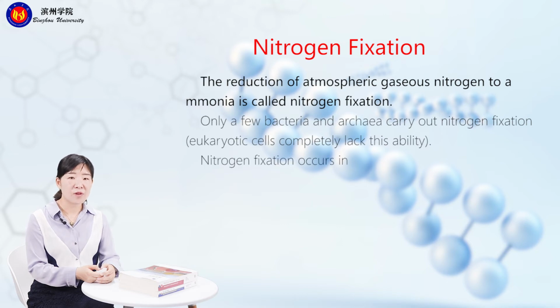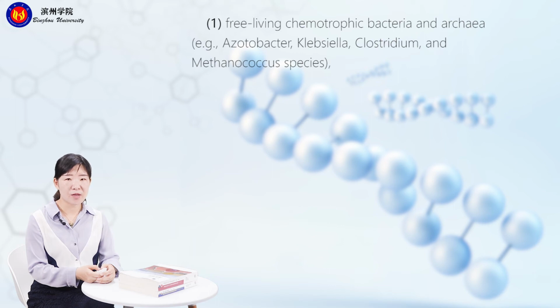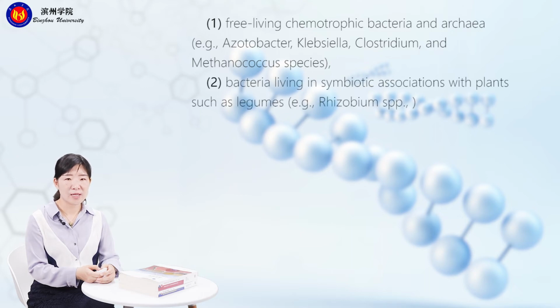Nitrogen fixation often occurs in free-living chemotrophic bacteria and archaea, for example, Azotobacter, Klebsiella, Clostridium, and Methanococcus species. It also exists in bacteria living in symbiotic association with plants, such as legumes, for example, Rhizobium.